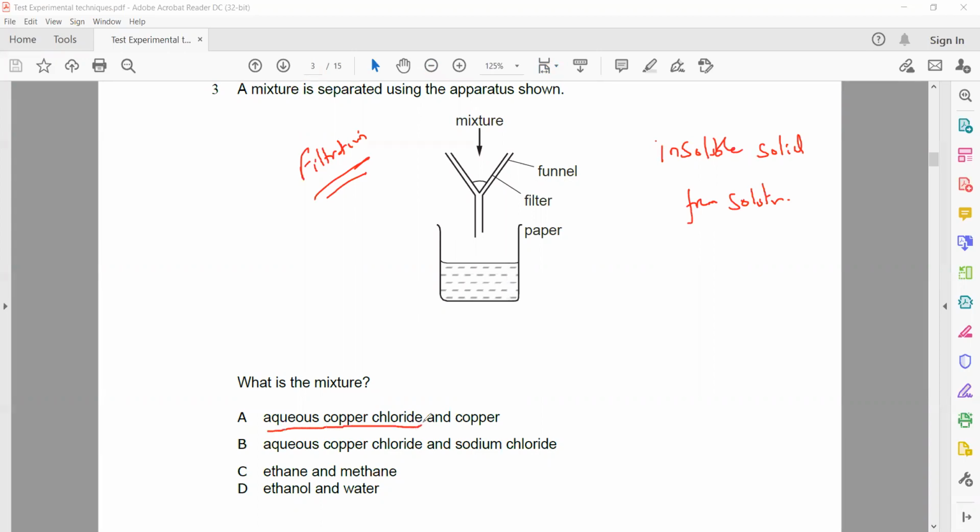Aqueous copper chloride means the salt solution plus copper. Copper is a metal and metal does not dissolve in water. So this is a metal, a solid, and this one is a solution. If we want to separate the solid from the solution, which technique do we use? We use filtration. That's why it will work best with A. So A is the right answer for question 3.